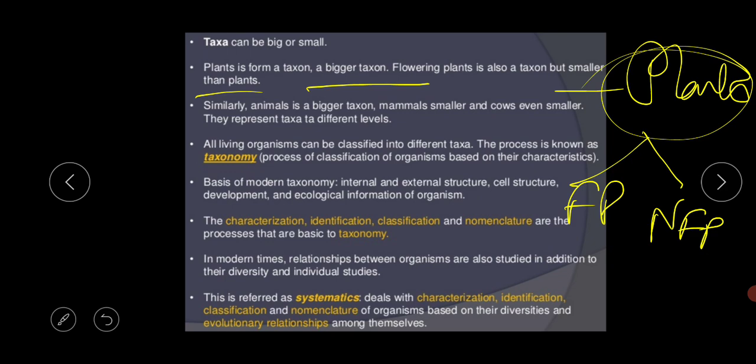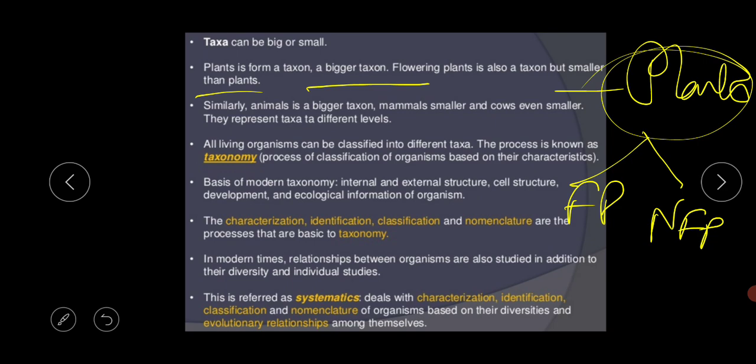Within animals you can divide into vertebrates and invertebrates. Within the vertebrates we can divide different classes, like amphibia, reptiles, birds, mammals. Within the invertebrates we can also divide different phyla. All those categories help us to identify all the organisms easily.